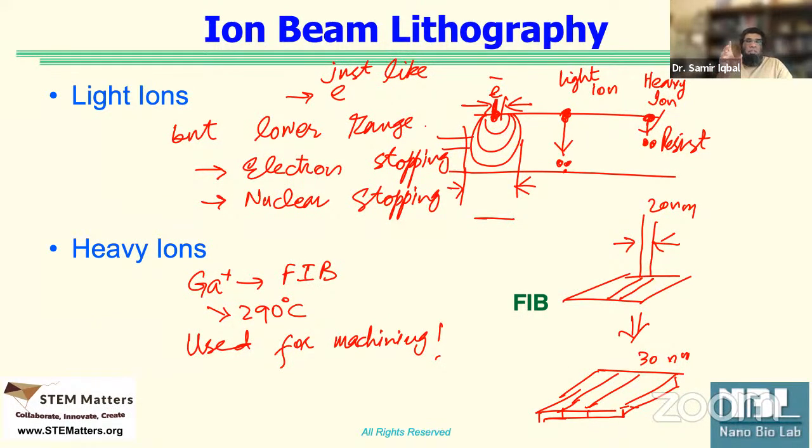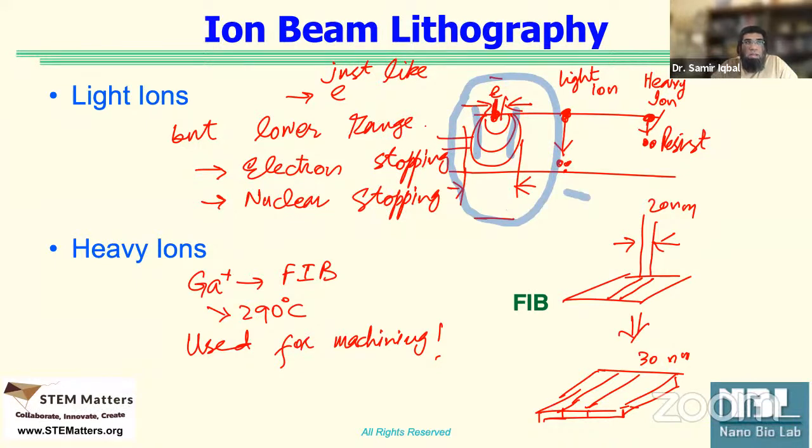If you see, electrons can go deeper, but they would cause a flood of secondary electrons, which means they can result in a bigger feature because they can go too deep. The benefit is they can go deep, but the disadvantage is they can result in secondary electrons.